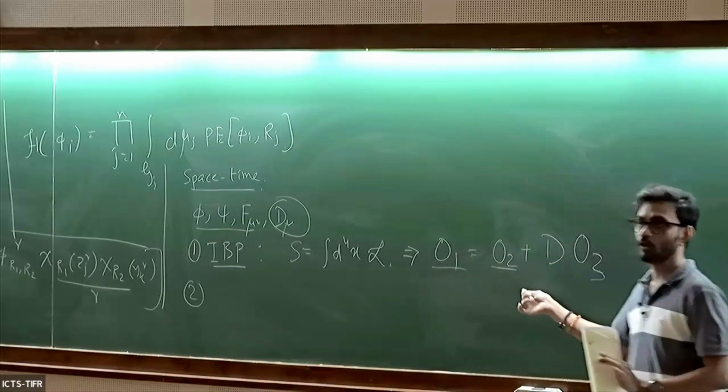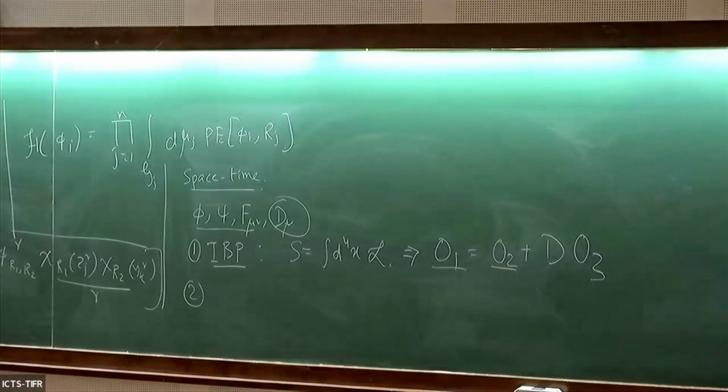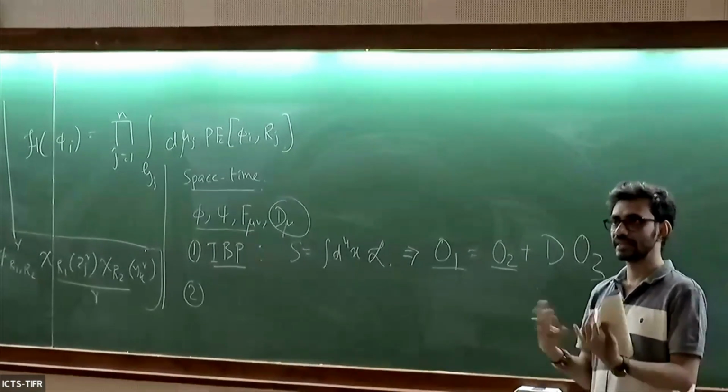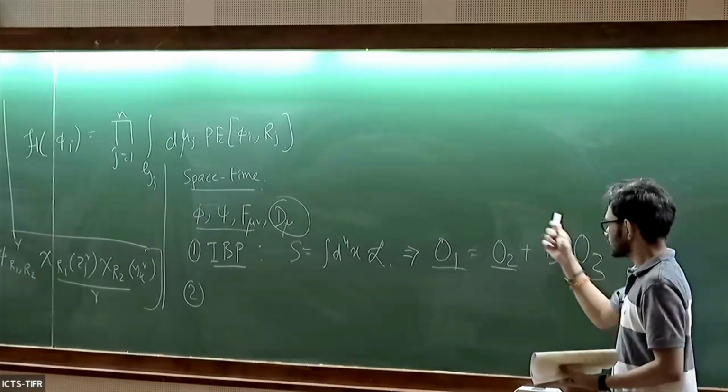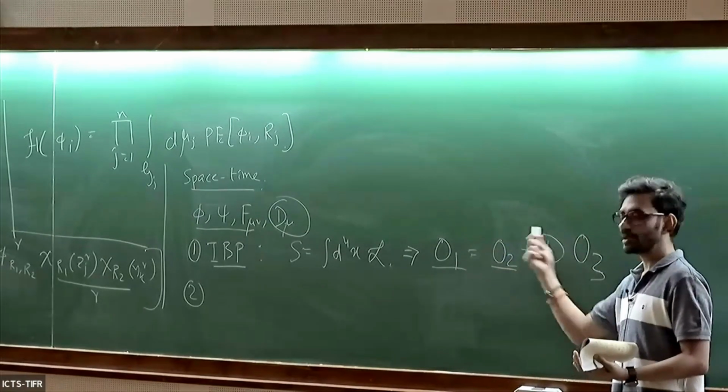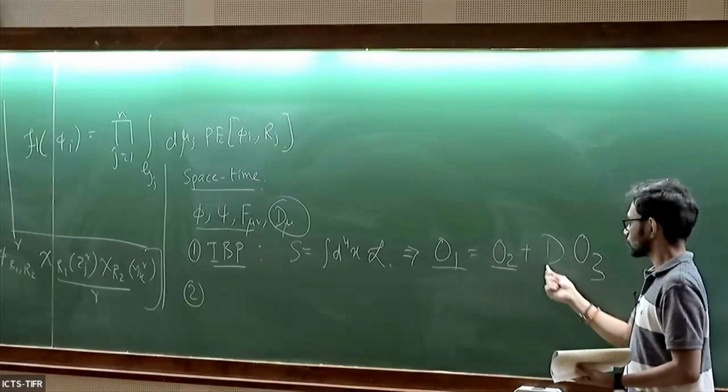So O1 and O2 are not independent. In this polynomial, we may find some structure in the same mass dimension, of course, where we can find that two or multiple operators are related to each other by this total derivative term.